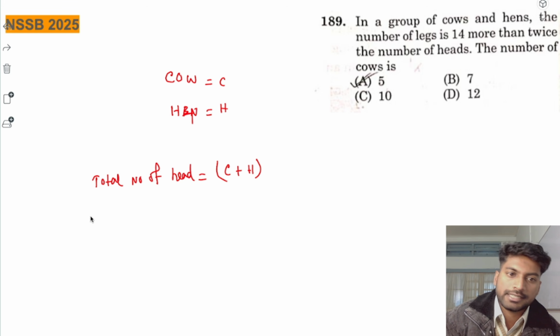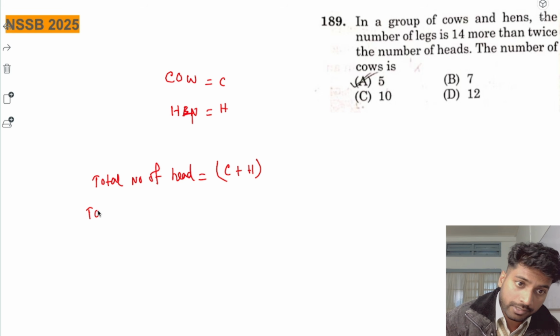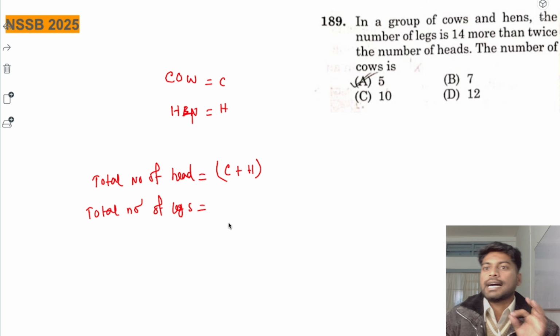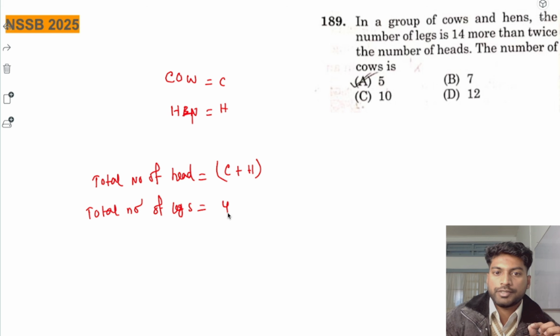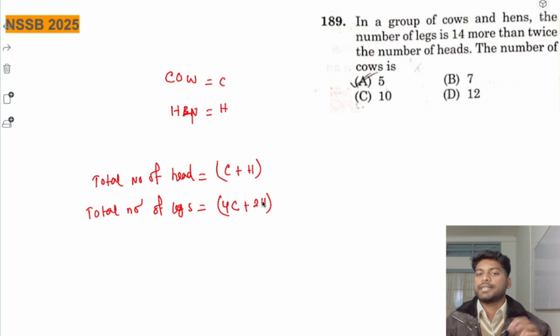If I say total number of legs, a cow has 4 legs, so 4 into C, and a hen has 2 legs, so 2H. So this is their legs. Got it? Total number of heads is C plus H. Total number of legs is 4C plus 2H.